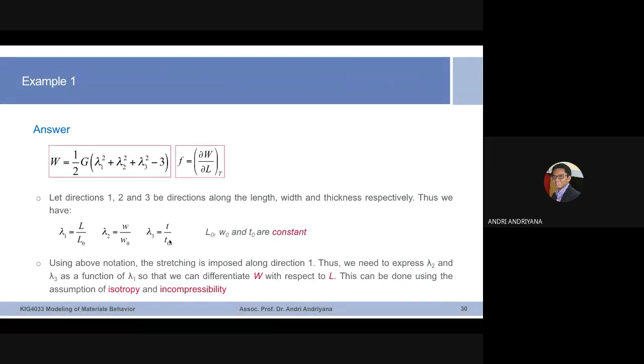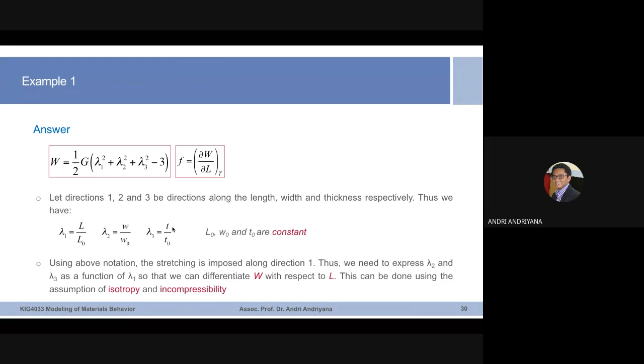Okay? Note that L0, W0, and T0 are 3 constants. Why constant? Because it is the size, the geometry of your rubber band. It is only L, W, and T which will change with deformations. This understanding is important for you to do mathematical operations later on when you need to do differentiation.